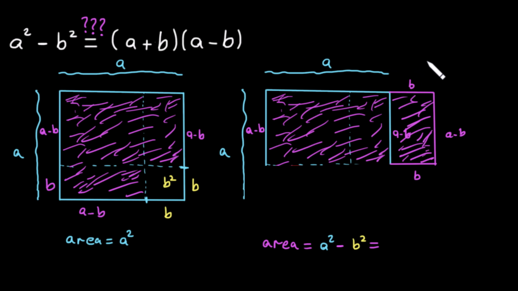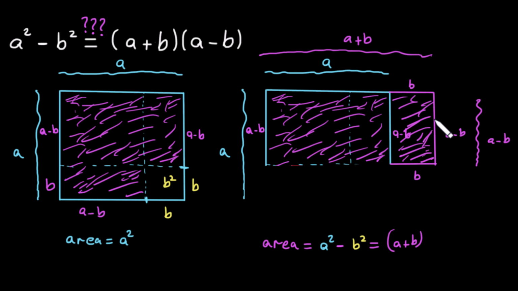So now we have a rectangle where this length is a plus b, and this side is a minus b. So what is the area of this rectangle?